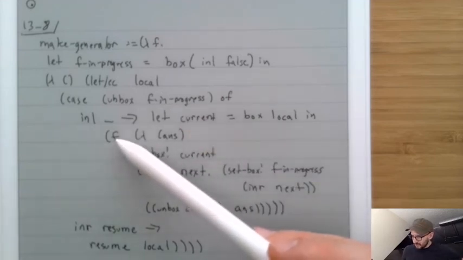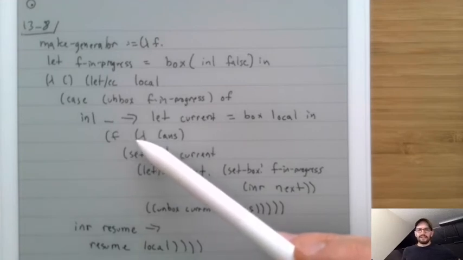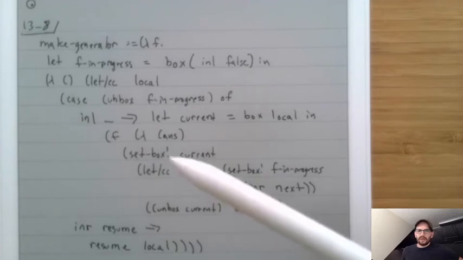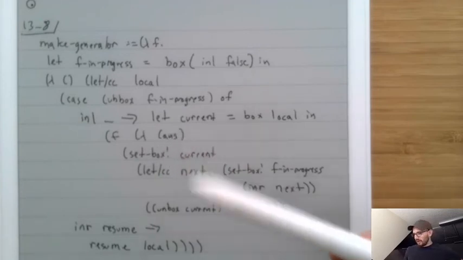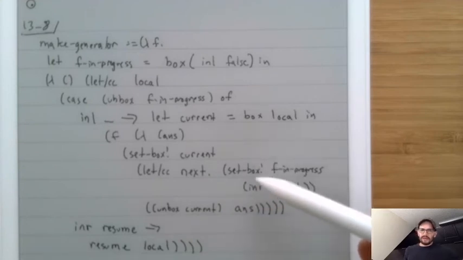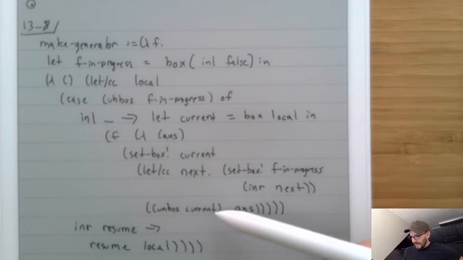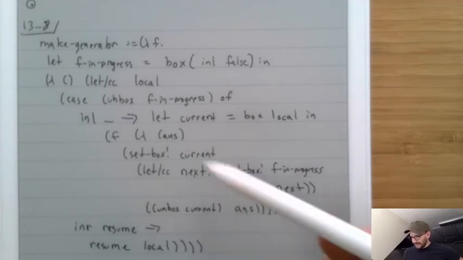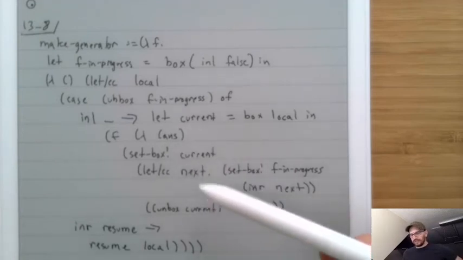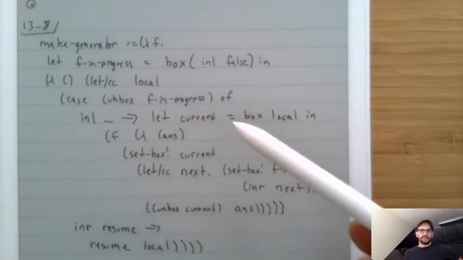It's then going to call the user-supplied function f. And yield is going to be called at some point with an answer. We're going to remember when yield was called, and we're going to call that next. We're going to remember next so that we can go back to that same call location, and we're going to give the answer that was provided to yield to whatever the current handler was, which in this case is the local one.